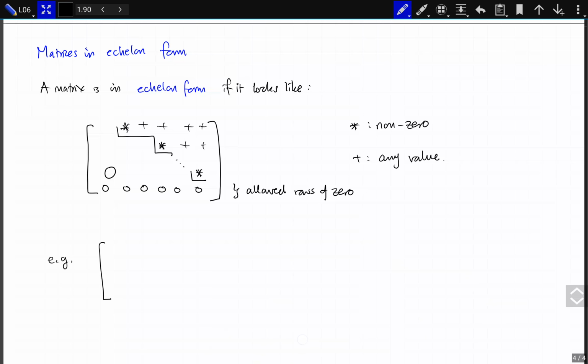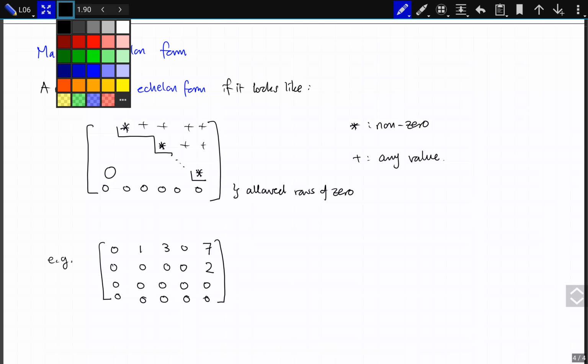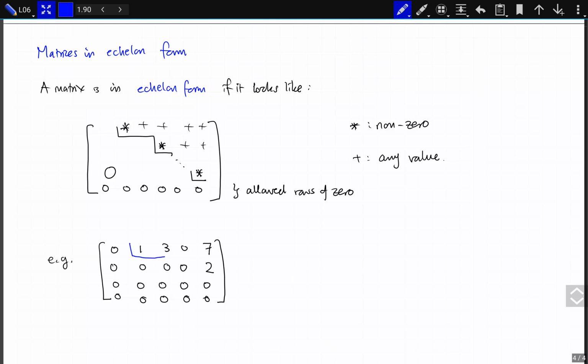Here's a big matrix. It looks like 0, 1, 3, 0, 7, lots of zeros, and a non-zero term, and then some more zeros. We can have as many rows as we like. And I like to draw what I call the staircase.